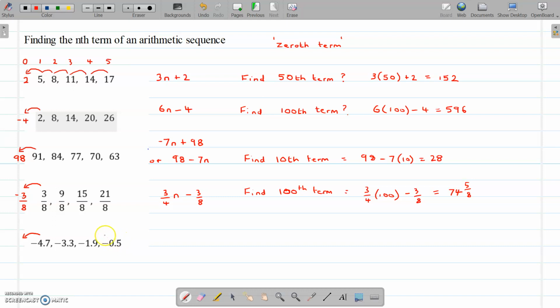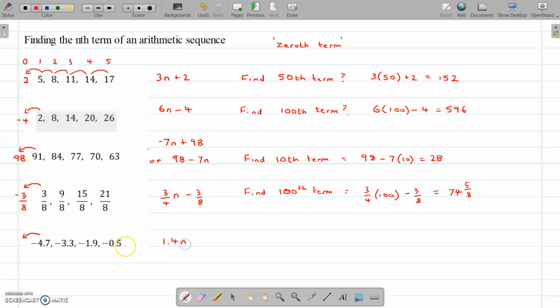If you go from negative 0.5 to negative 1.9, that's down 1.4, down another 1.4 to negative 3.3, and down another 1.4 will take you to negative 4.7. So it's going to be negative 1.4. No, it's going up, so it is plus 1.4, not negative. So it's 1.4n.